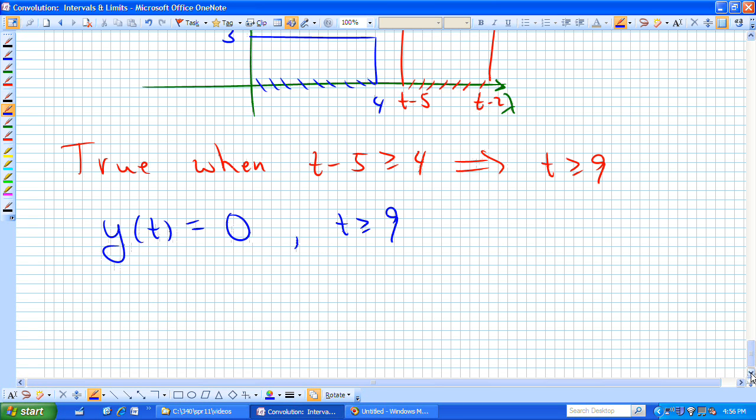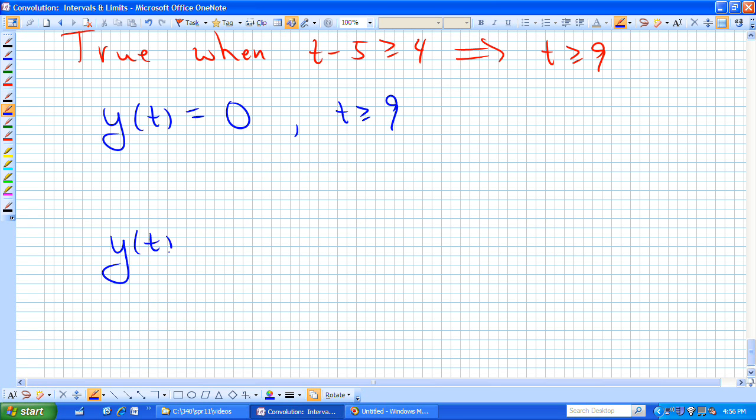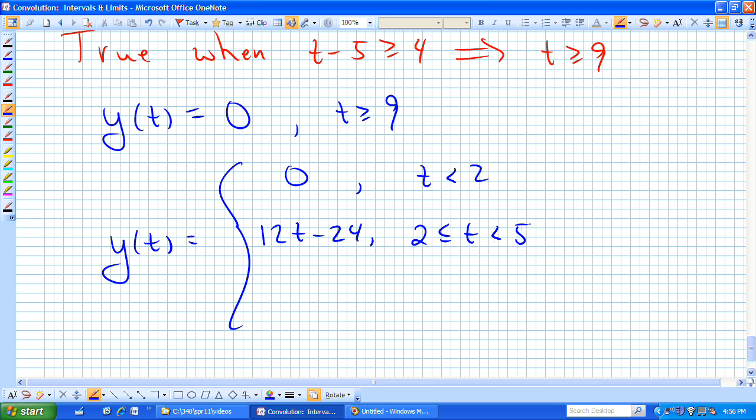And typically I would then summarize this and say y of t is equal to 0 for t less than 2. Now I'm going to have to go check my notes to remind me what we actually ended up with. Y of t was 12t minus 24 for t between 2 and 5. It was a constant 36 when t was between 5 and 6.